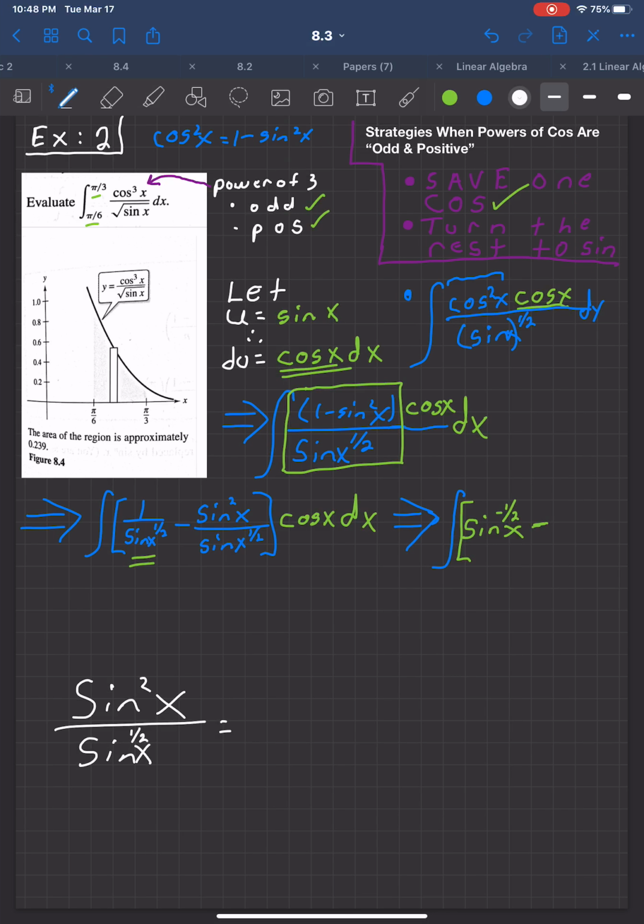So let's say this were m squared divided by m to the power of 1/2.